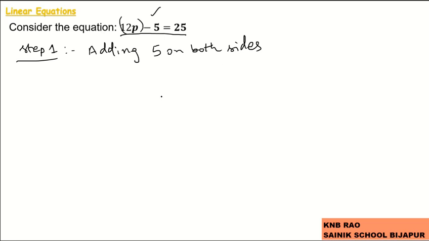Students, this gives us 12p on the left hand side and 25 plus 5 on the right hand side. That means this minus 5 is going away or getting rid of when I add 5. In our previous questions we have solved them and we know that. On the left hand side, this 12p, that is this portion only is left over.